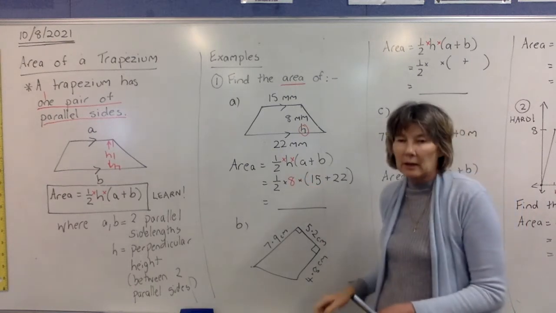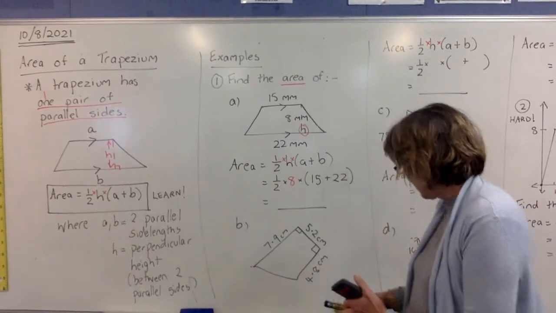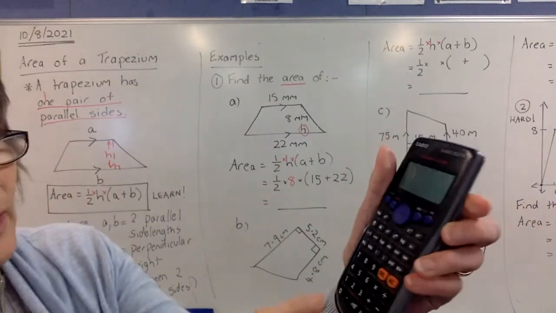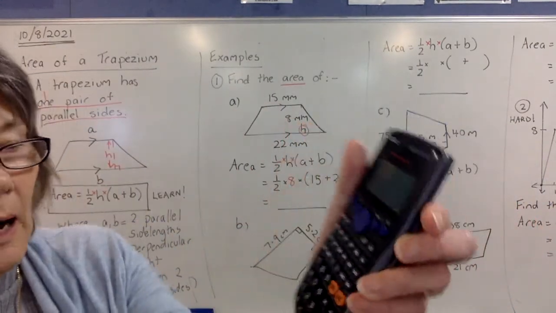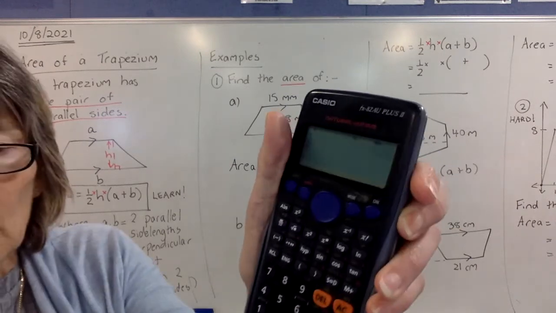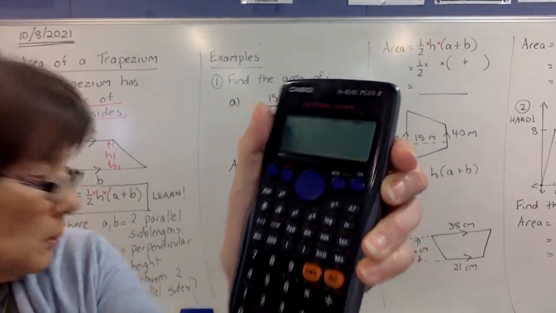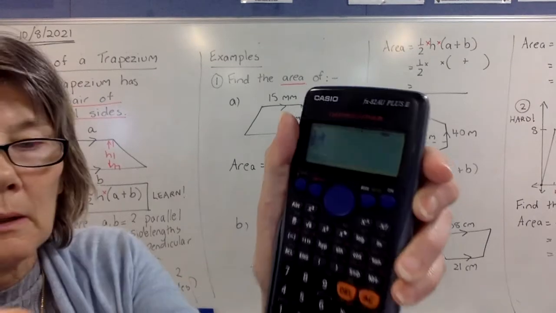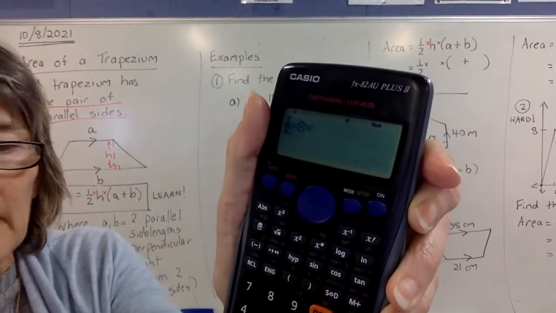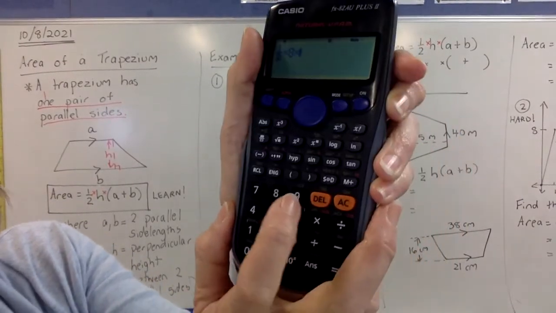And then we go to our calculator. You can type all of this in your calculator in one go and get the answer straight away. So we're going to press the fraction key, press in the half, 1, down arrow, 2, then right arrow out of your fraction so your cursor's ready to go. Then we're pressing times, 8, times, and now we're ready for our brackets. Your bracket keys are just here.